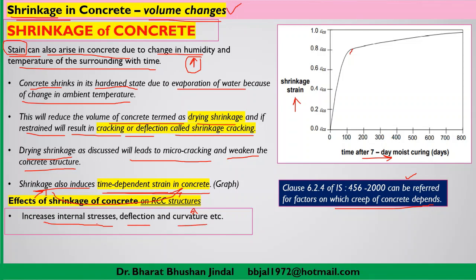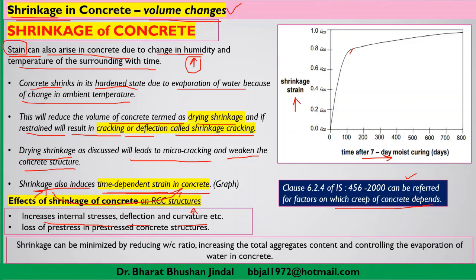So it will directly influence the geometry of the structural element. Again, loss of pre-stress in a pre-stressed concrete structure will also be due to the shrinkage of the concrete. Another point we have to keep in mind is that shrinkage can be minimized by reducing the water cement ratio, by increasing the total aggregate content, and by controlling the evaporation of water in the concrete.